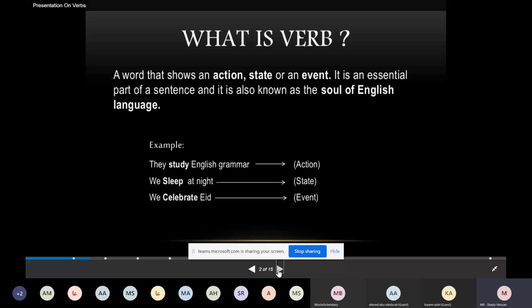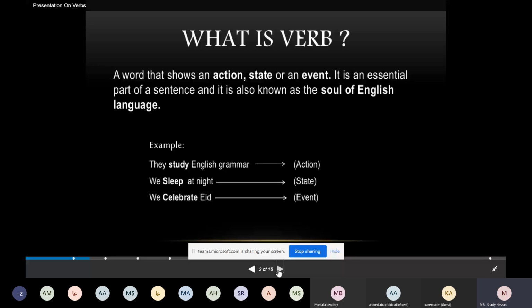Studying here is an action verb because while you are studying, you are writing down, you are reading, you are doing an action, you're doing something, you're moving at least your hand to write down or to turn the pages of the book. So anyhow, you are going to do something. So studying here is an action verb.